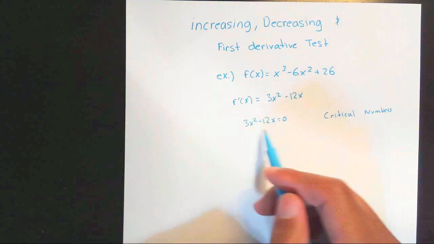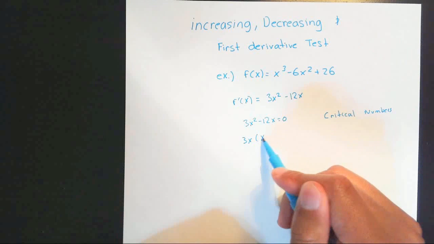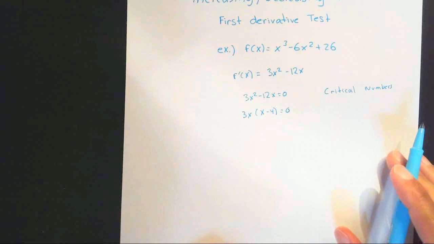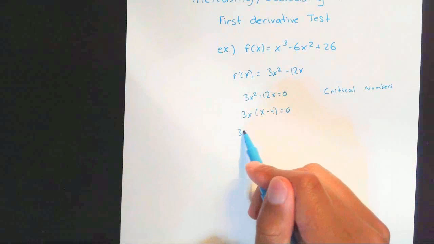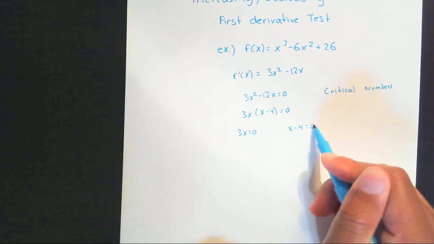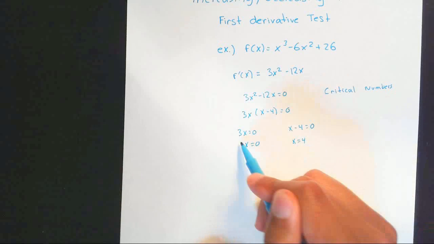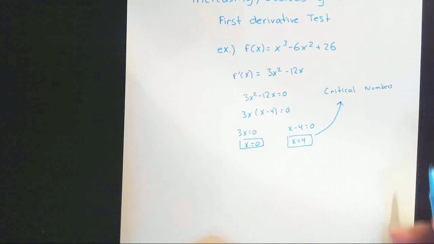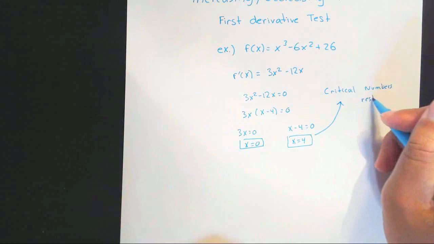In this case, I notice that I can take out a 3 and an x, and I'm going to be left with x minus 4. Now after you factor out whatever they have in common, set them both equal to 0. 3x equals 0, x minus 4 equals 0. And solve for x. I get that x equals 0, x equals 4. The values you just found are your critical numbers. These are also called resting points.